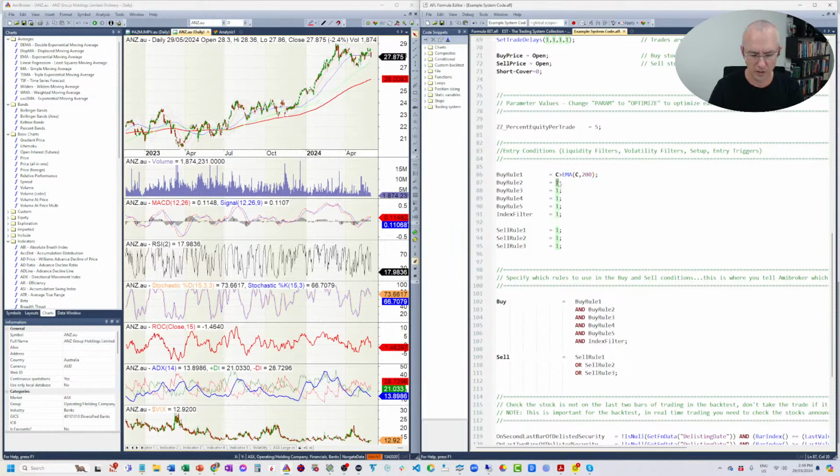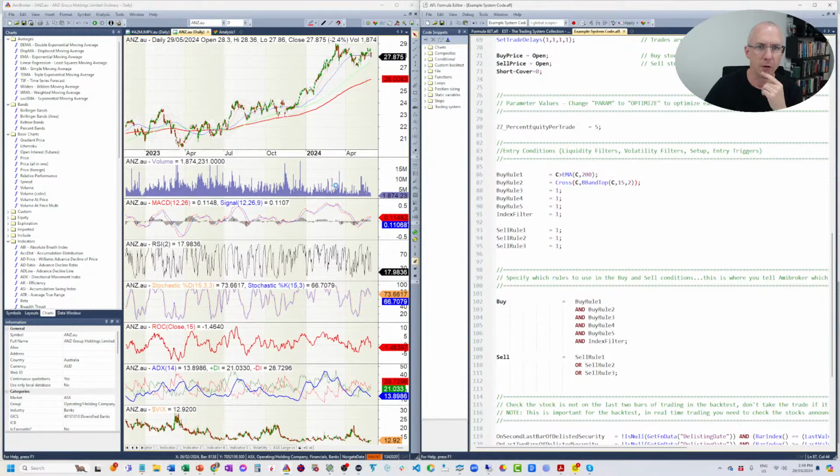So I'm going to make a buy condition that the price crosses above the top Bollinger Band, and we'll just use 15, 2. Okay, so on a day that the price crosses above the top Bollinger Band, we can potentially get an entry signal. Now, what other rules do we want to put in place here?